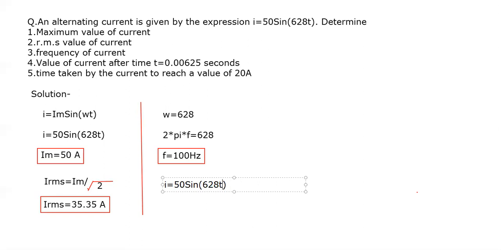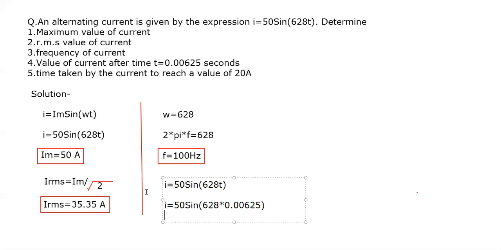Okay, and the value of t is also given. हमको करंट की वैल्यू निकालनी है. 50 sin 628, which is given in the question, multiplied by time, which is also given at the instant, 0.00625. Okay, we have to calculate the current.